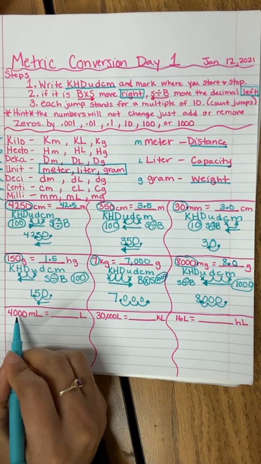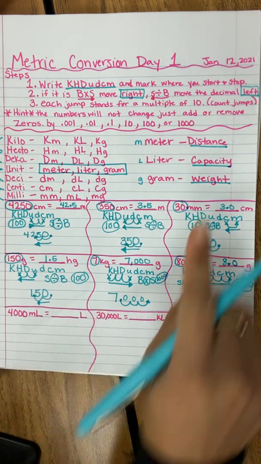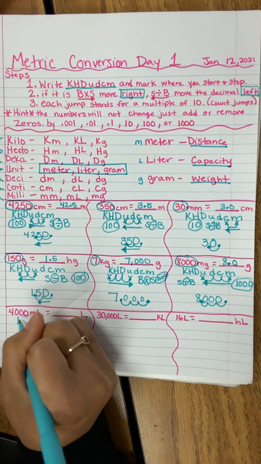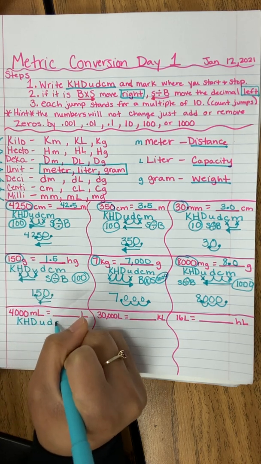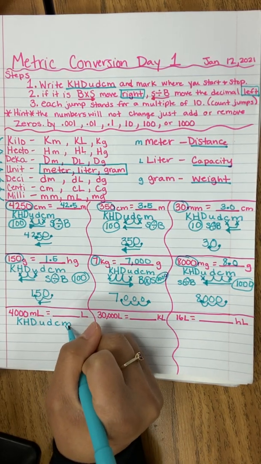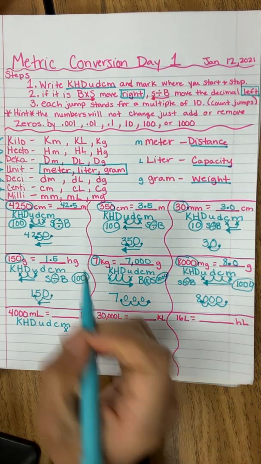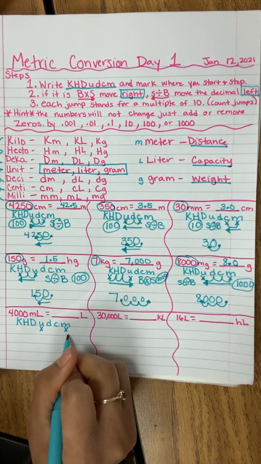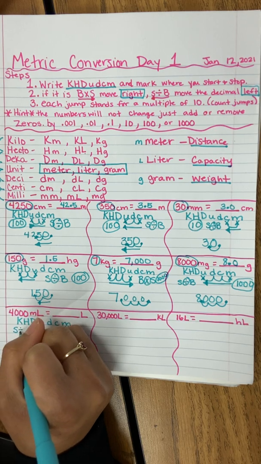Now, I have 4,000 milliliters equals blank liters. Liters is going to fall under my capacity. I still need to write King Henry died unusually drinking chocolate milk. I know that milliliters is here. This L is 1 letter, which means that it falls under unit. And I'm moving this direction, which means that this is small to big.